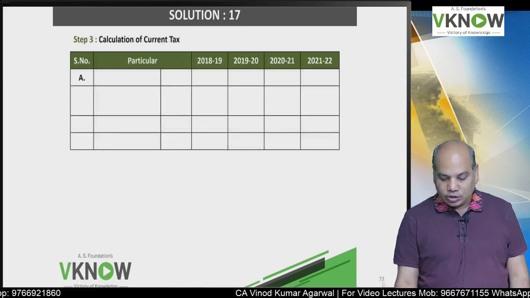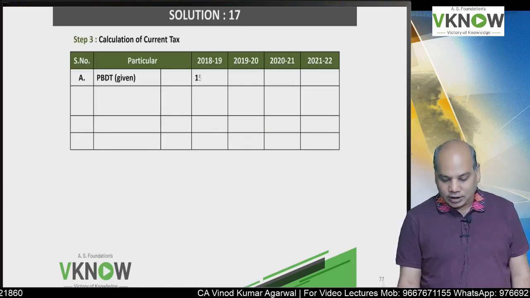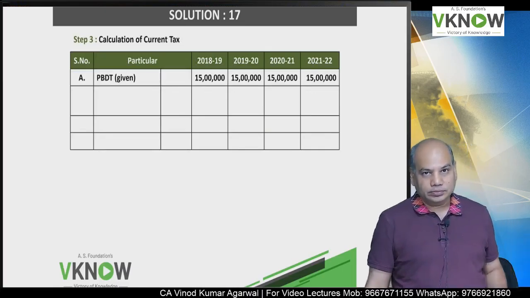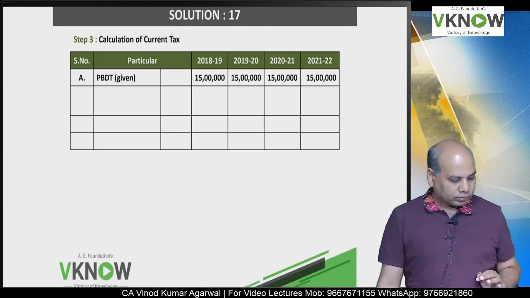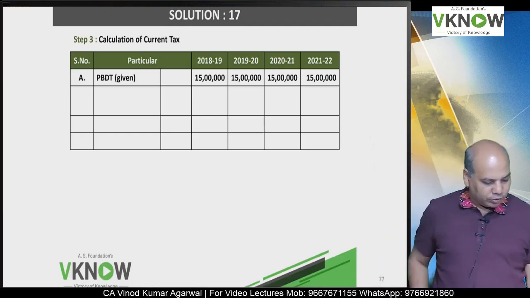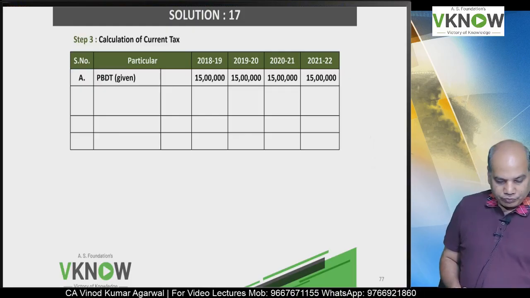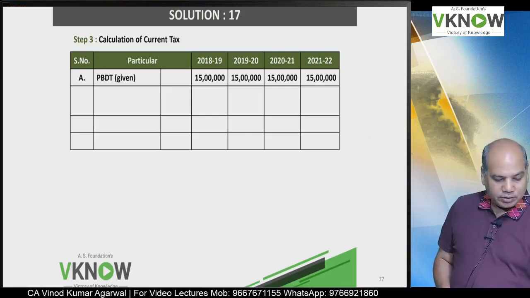So next, working note 3, I will compute current tax. For current tax, depreciation deducted will be as per income tax law. So please write it down. PBDT, directly take PBDT.